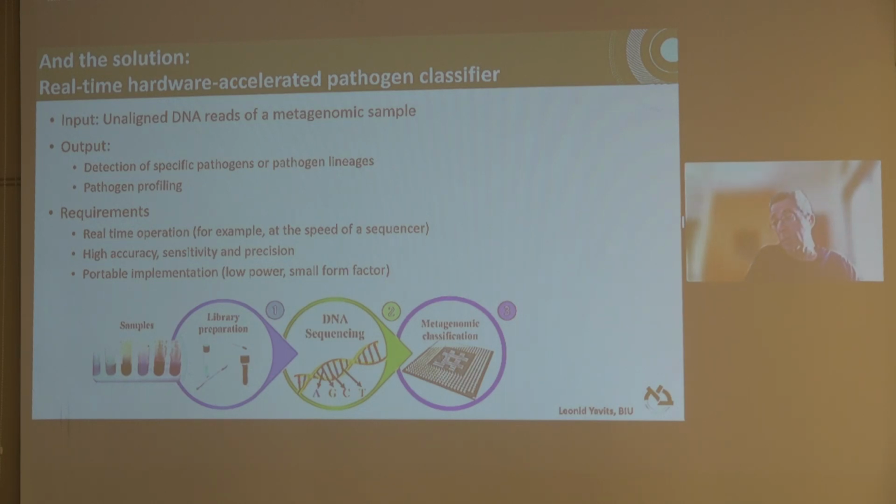It's not the only embodiment, obviously, but the preferable embodiment is a portable device which works in conjunction with a portable sequencer and provides the answer quickly and accurately in a field environment, for example, in small clinics, in labs, everywhere where samples are tested. That's the idea.